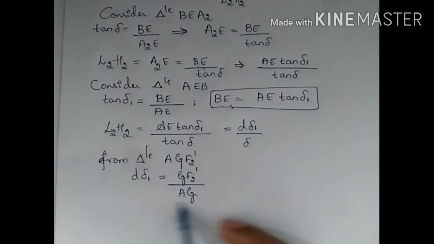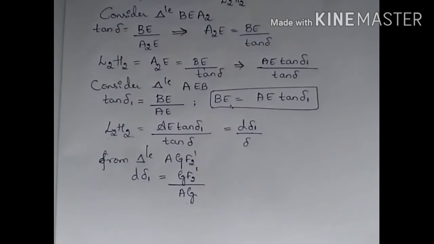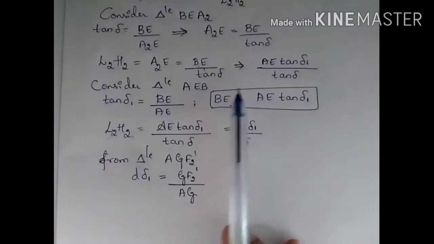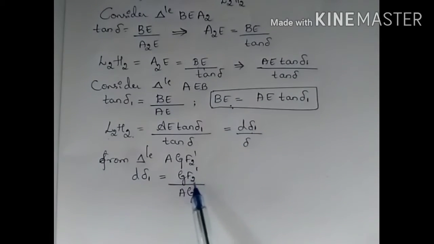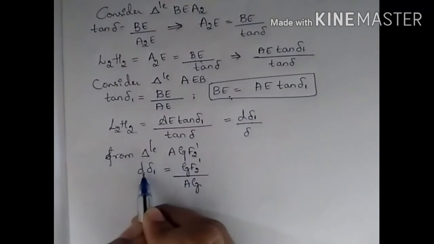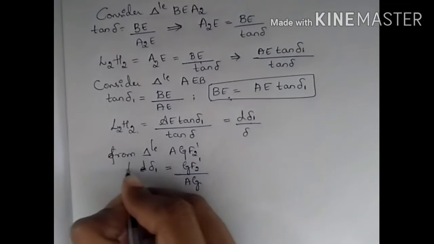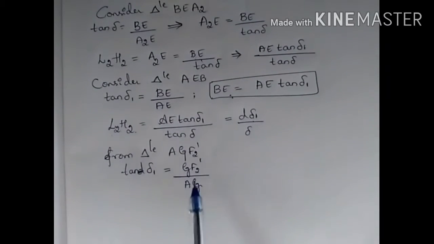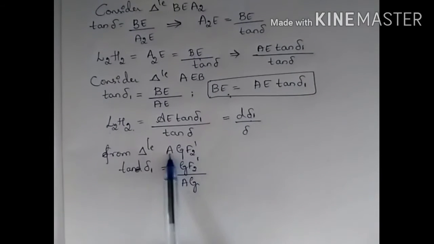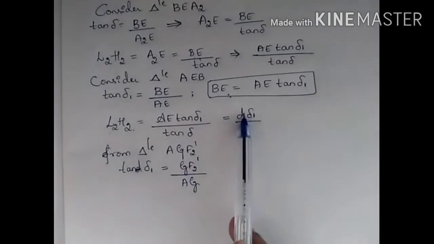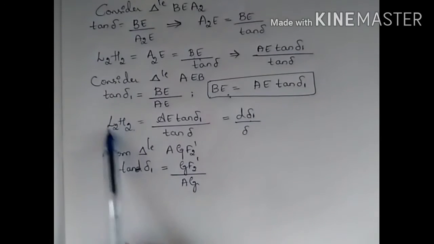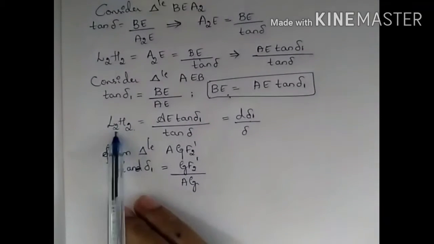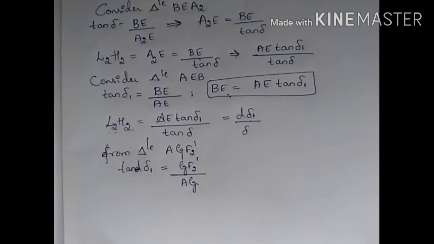So if you substitute this equation here, what will you get? You will get GF2 prime divided by AG. This is not delta, this is tan of delta 1. So tan of delta 1 is GF2 prime divided by AG. Before substituting, let us write for delta as well.